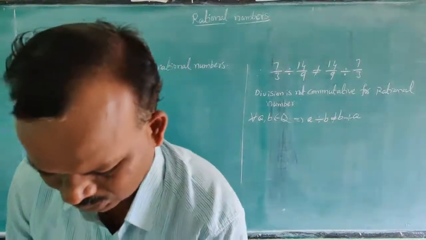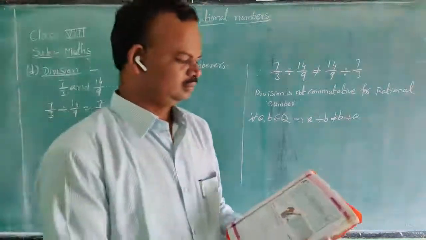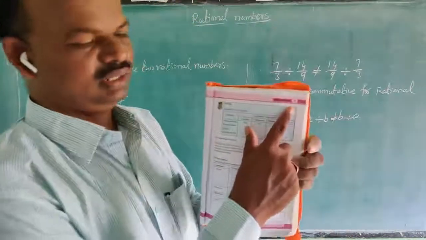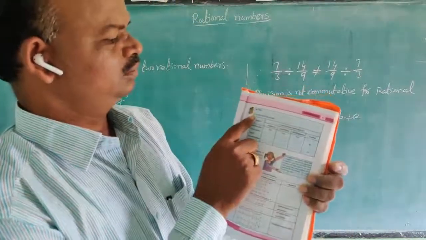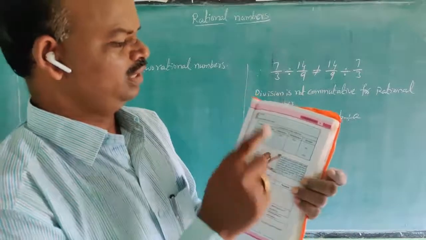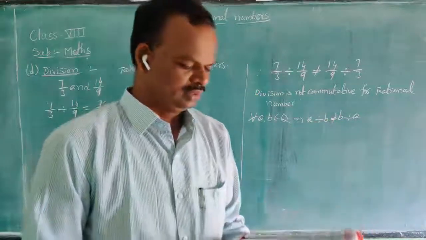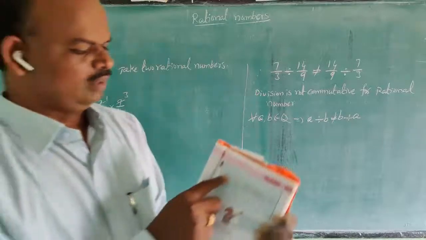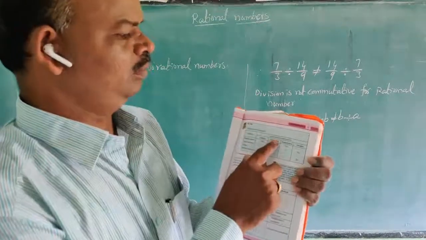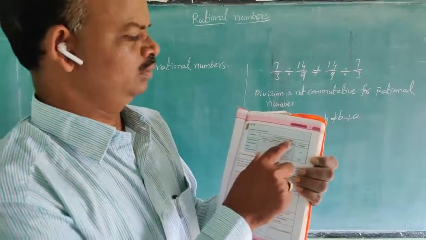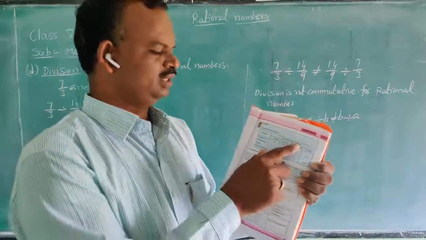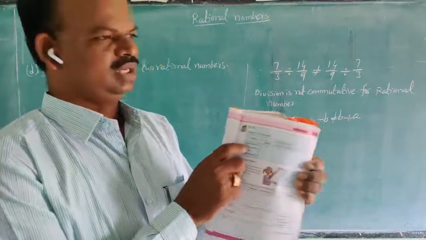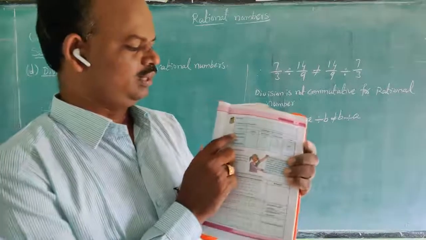Table, page number 9. Do this. Complete the following table. Numbers, commutative with respect to, which are commutative or which are not commutative.